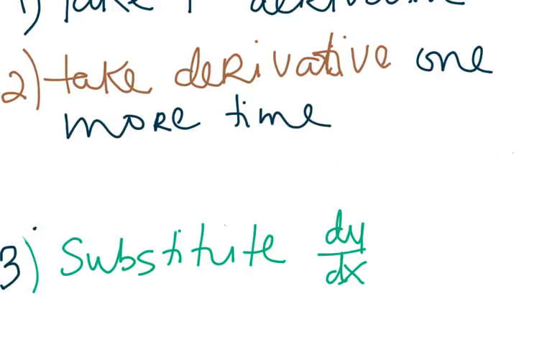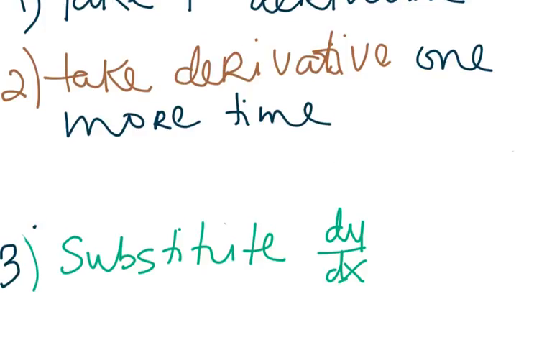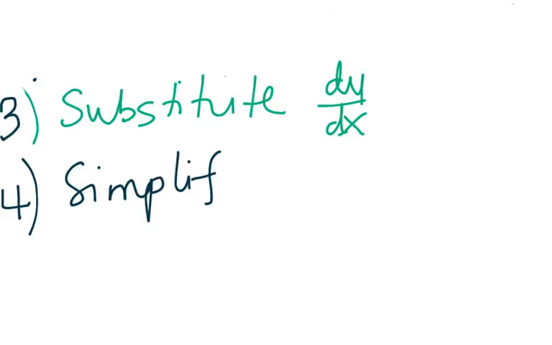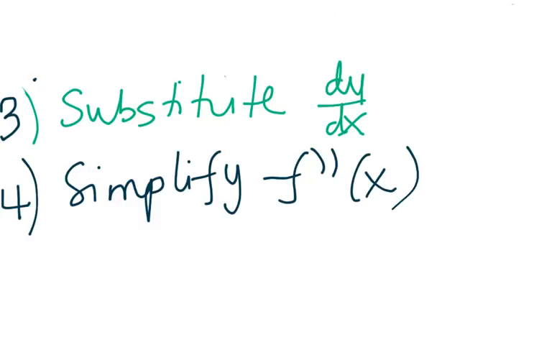So after you take the second derivative, you substitute in the dy over dx, which is the first derivative that you solved for. Then you can simplify the function, which is f double prime of x. And that is it for the second derivative.